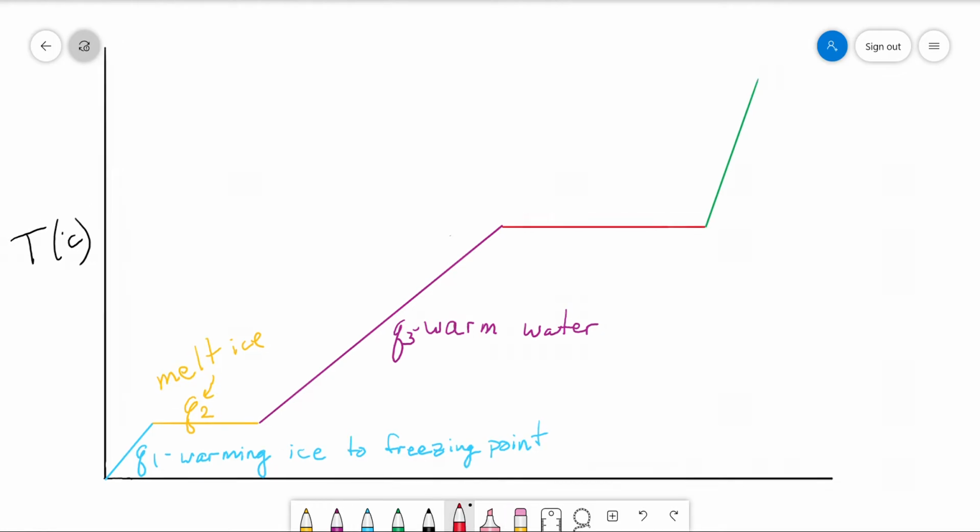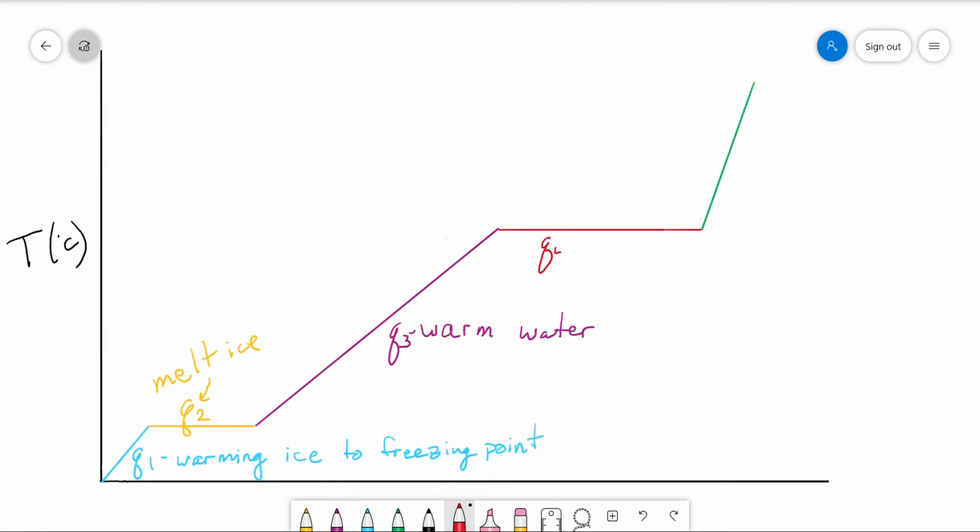And finally, we have to warm the vapor, and that's Q5.